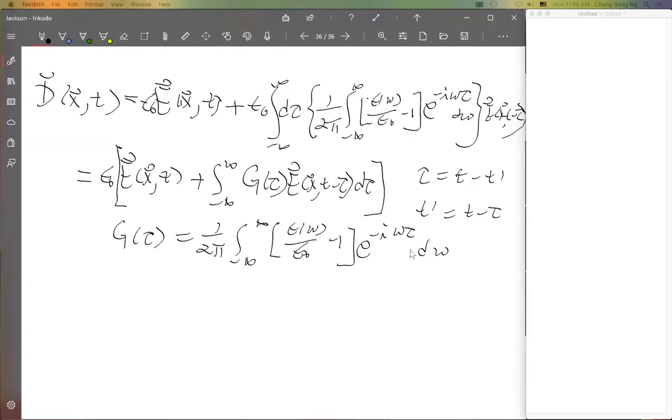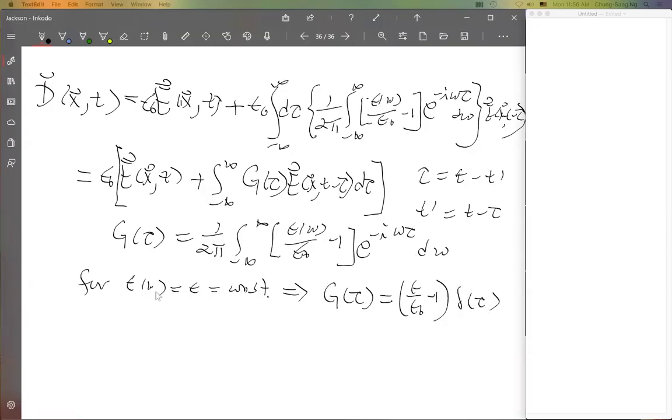So for epsilon of omega equal to a constant epsilon, g of tau is a delta function. This is a special, not quite realistic case, but it shows theoretically what could happen if we assume epsilon doesn't depend on omega.